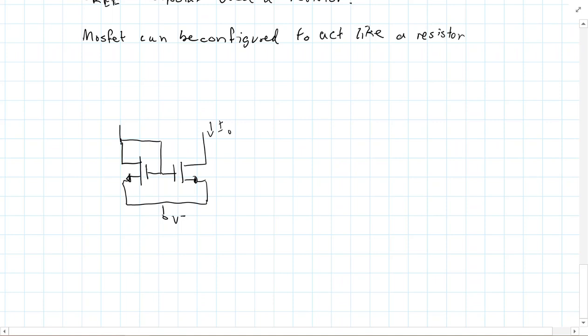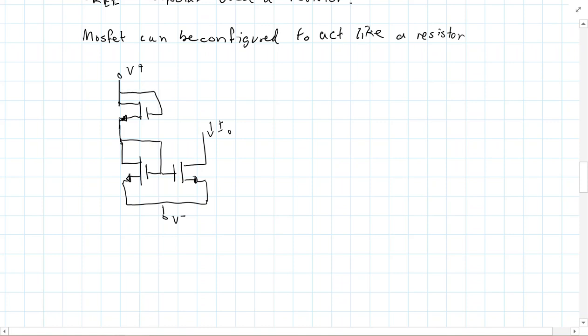And what we're going to do is put another transistor here and attach this to the voltage source.